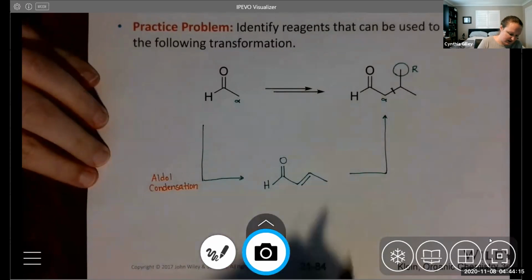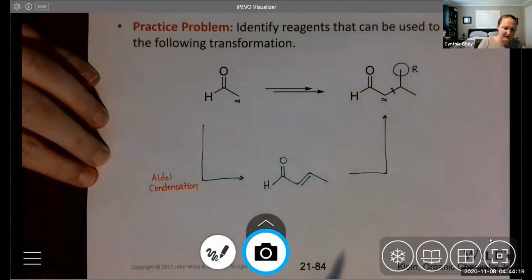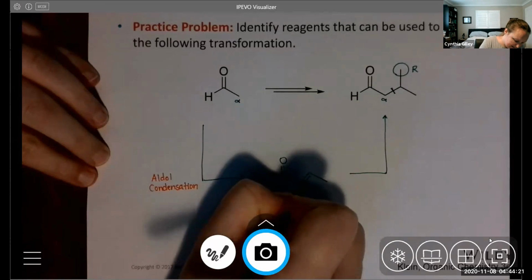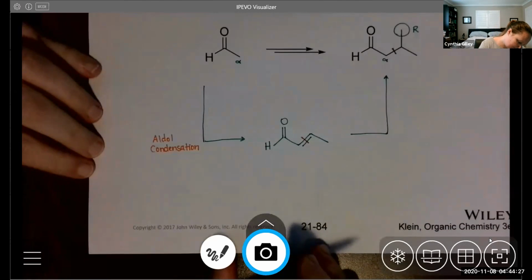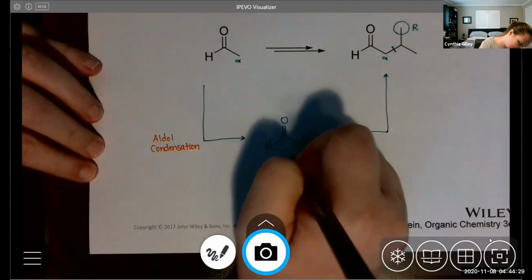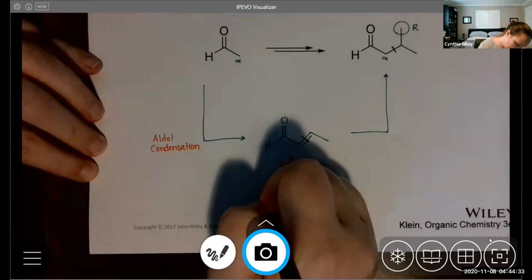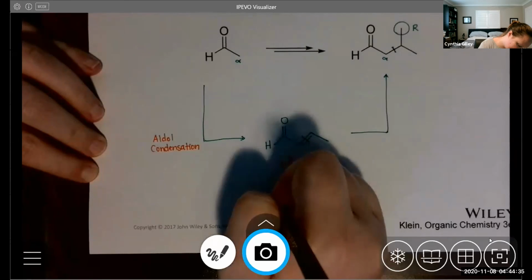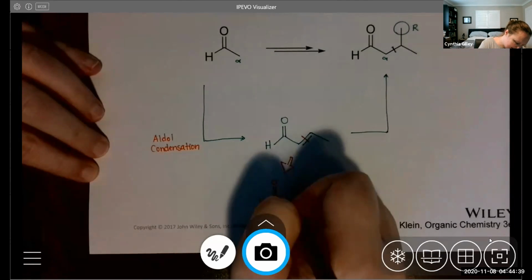Okay, so the aldol condensation would utilize two aldehydes, and we would be making this carbon-carbon double bond. To go backwards retrosynthetically, which is always helpful, is to think about the two aldehydes that would be used in that aldol condensation. In one case, we would have the enolate.